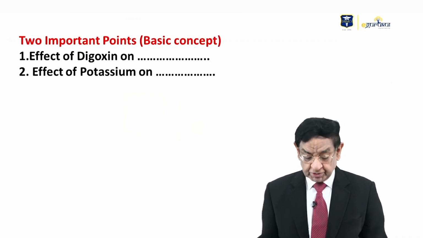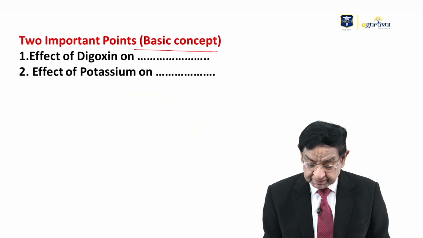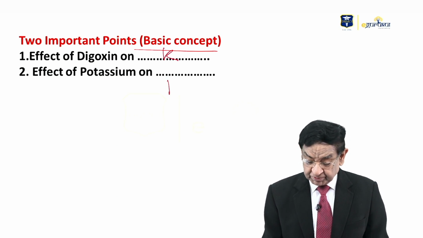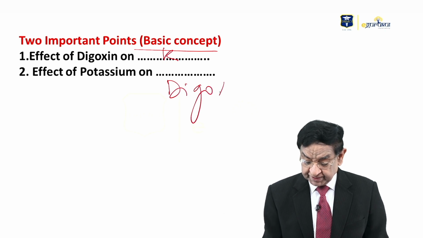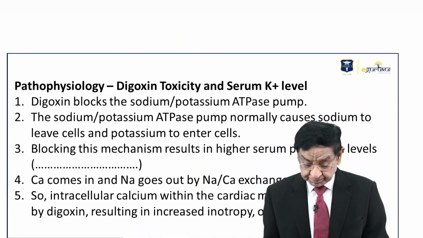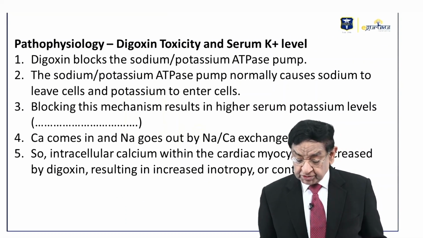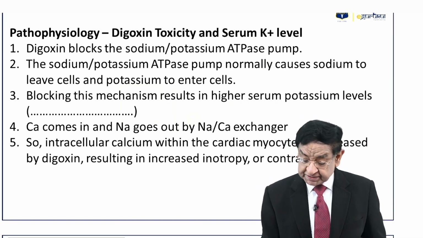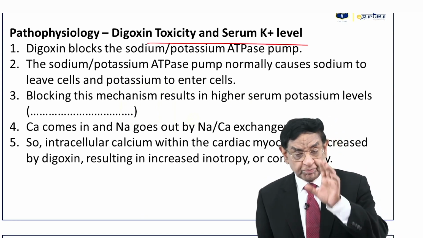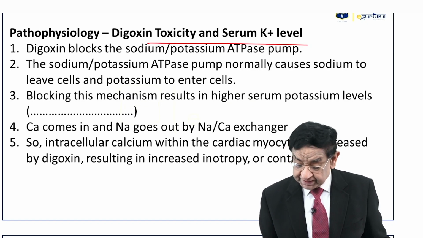So now there are 2 important points: the effect of digoxin on potassium and the effect of potassium on digoxin. Both have effects, right? So let's learn both of them. Digoxin toxicity and potassium level: as I told you, it is going to block the sodium potassium ATPase.